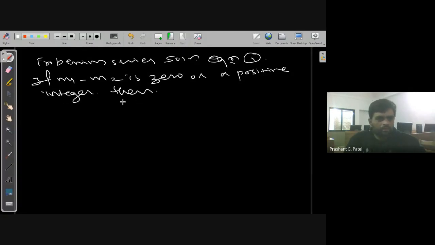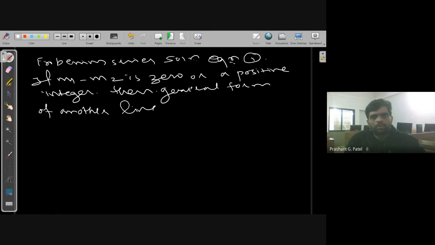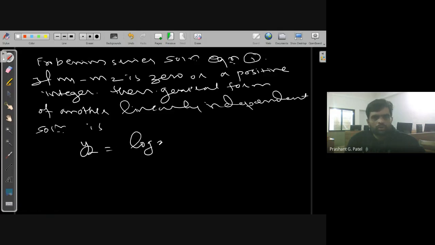Then the general form, this is very important, of another linearly independent solution is this: y2 equal to log of x y1 plus x power m2 summation n running from 0 to infinity b n x raised to n.